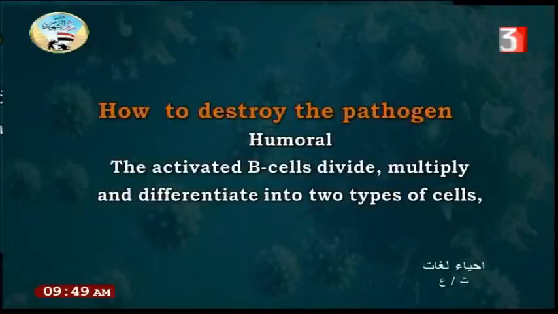Okay, how do they destroy the pathogen? Humoral destroys the pathogen according to the activated B cell, which divides and multiplies, and this is differentiated into two types of cells.